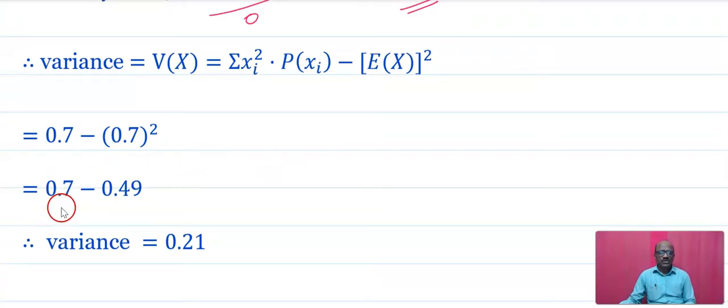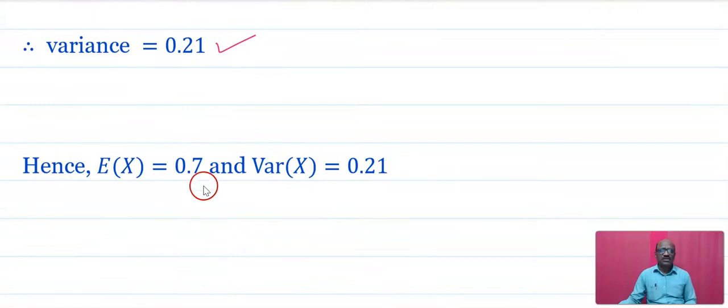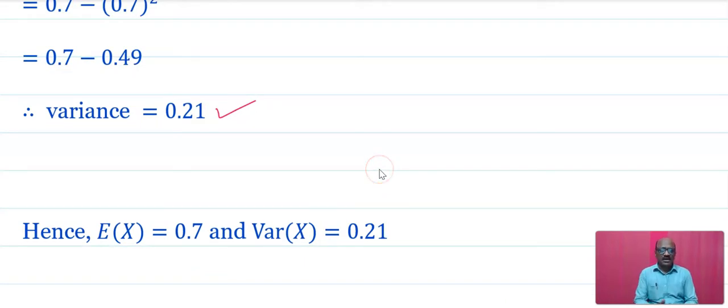That is equal to 0.7 minus 0.49, and hence the variance of x is equal to 0.21. So E of x is equal to 0.7 and the variance of x is 0.21, and in this way I have completed the first exercise 7.1.